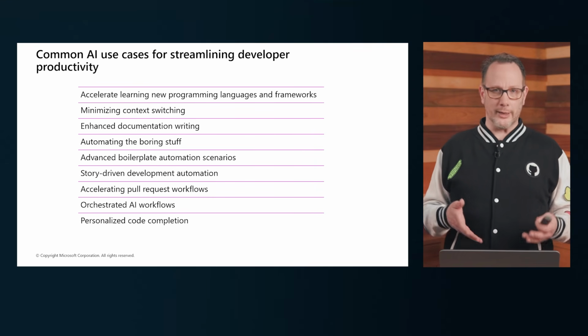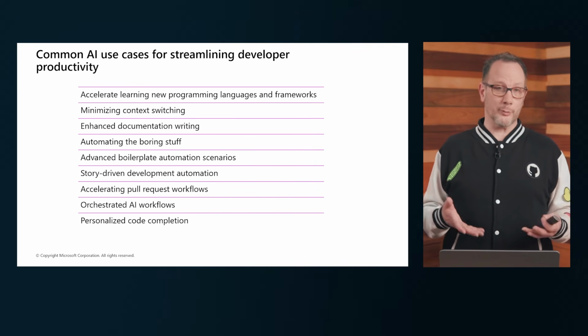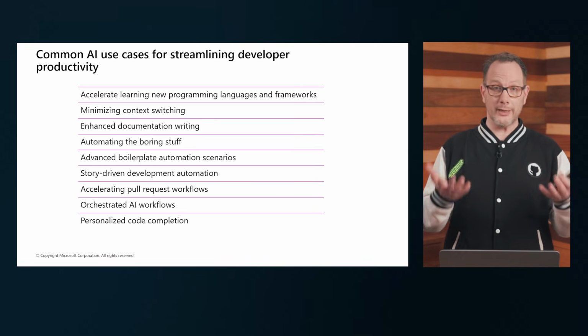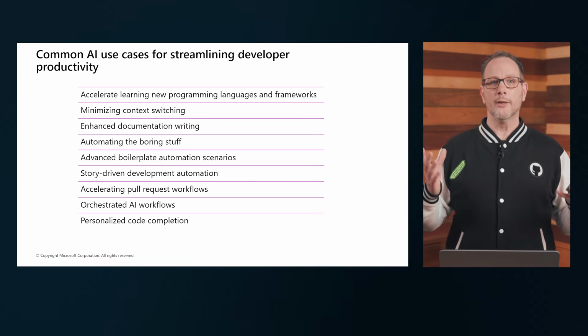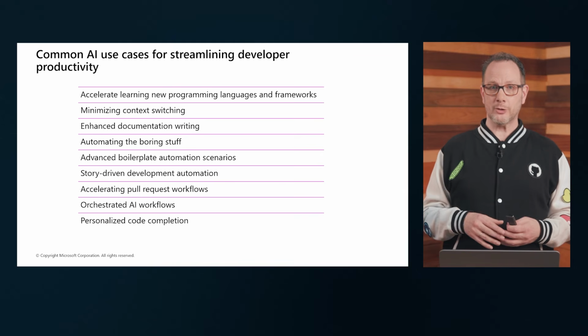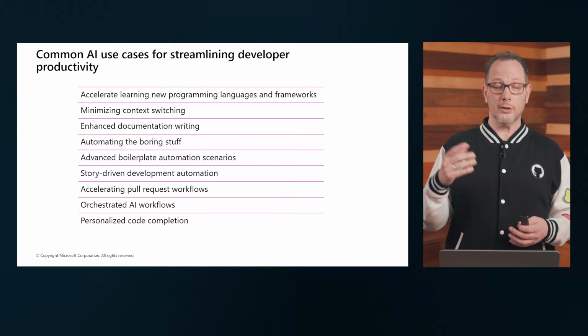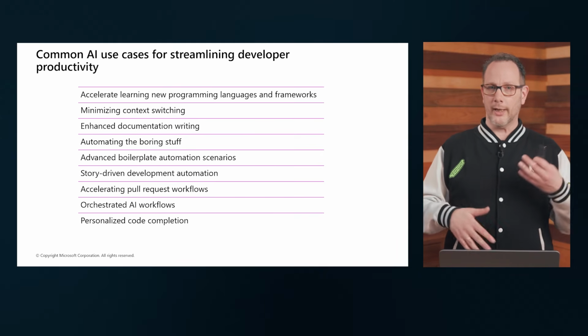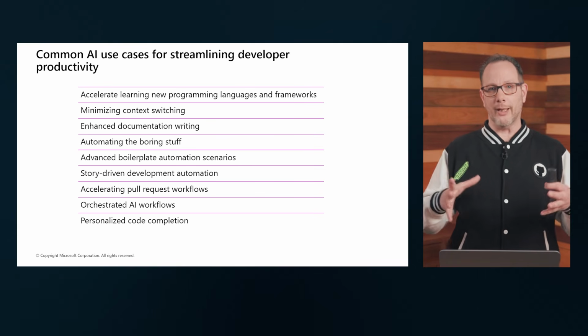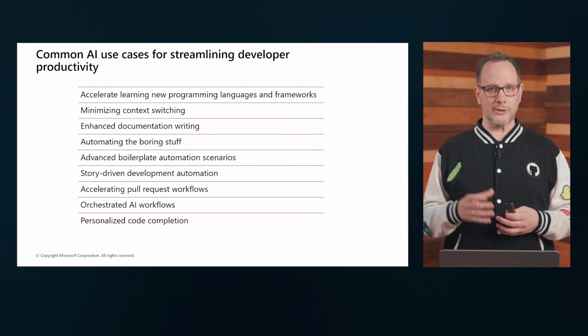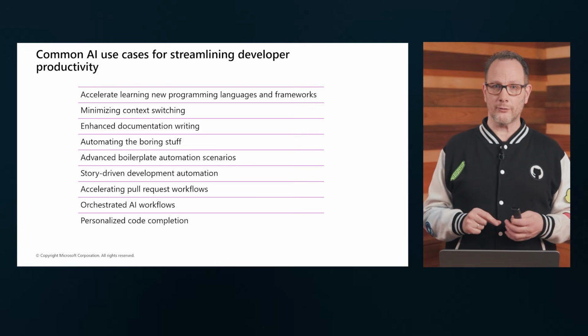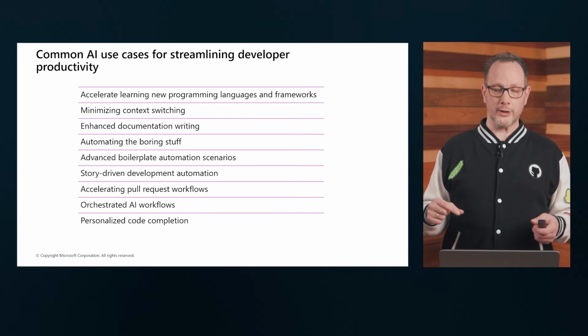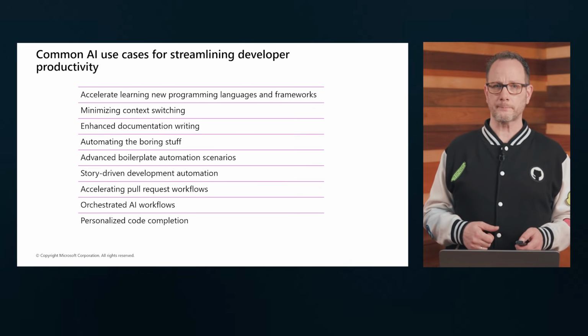All these are areas where Copilot can help developers like yourself maintain creativity and clarity, while also automating steps that traditionally require a lot of manual work. And as we go through this slide here, imagine where these use cases fit into your daily workflow and where they could remove friction or frustration.